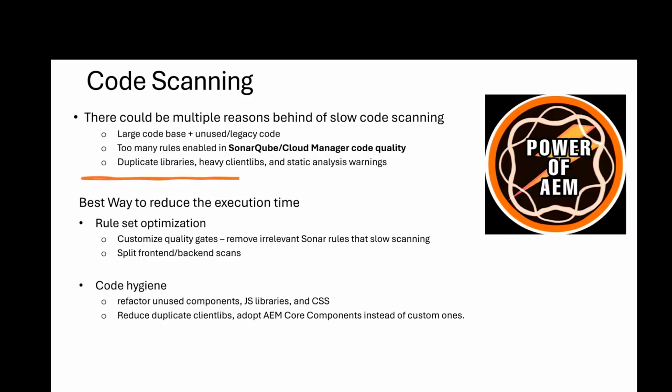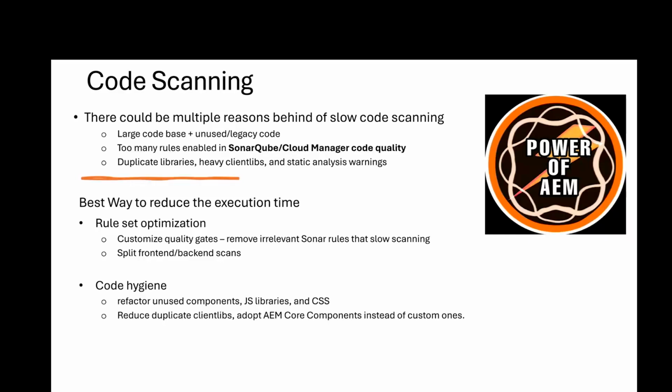And if you have any duplicate code, whether related to your component, backend services, client library, or anything else in your code base, make sure you have only the unique feature related code.